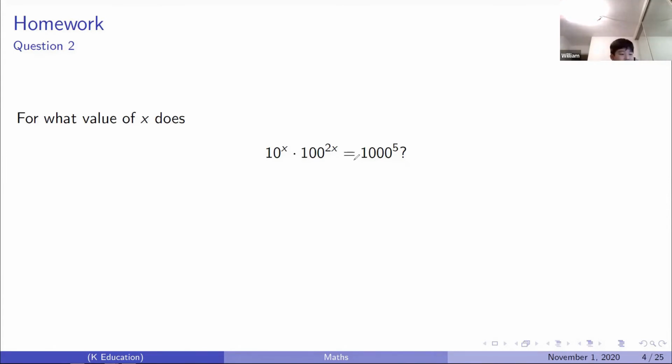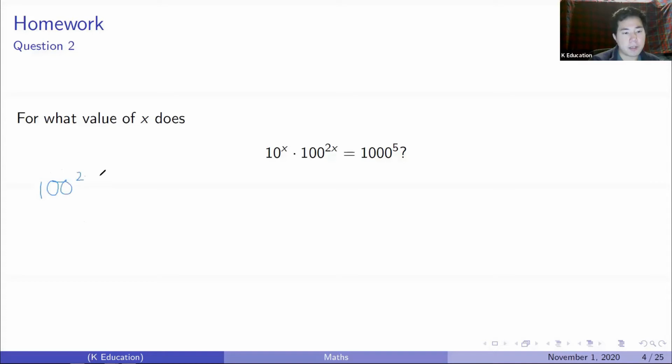So 10 to the x is already fine, right? How do you change 100 to the 2x? I made it 10 squared to the 2x. Okay, so 100 to the power of 2x is equal to 10 squared to the power of 2x.